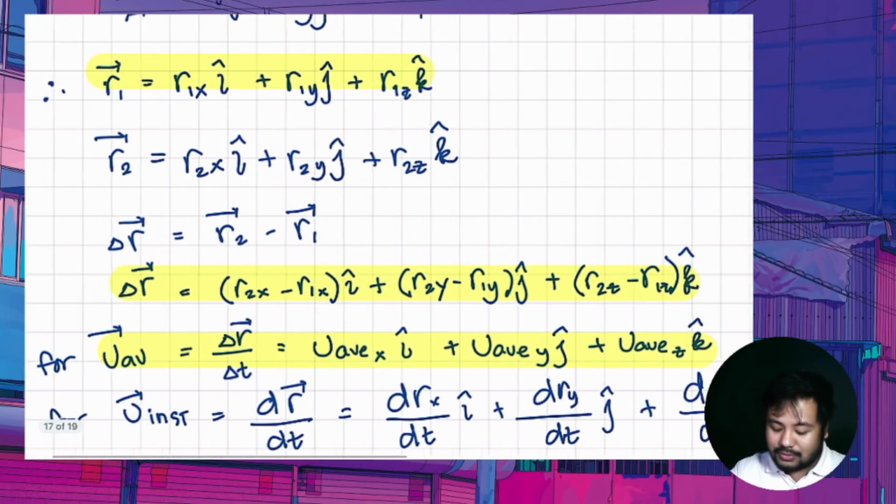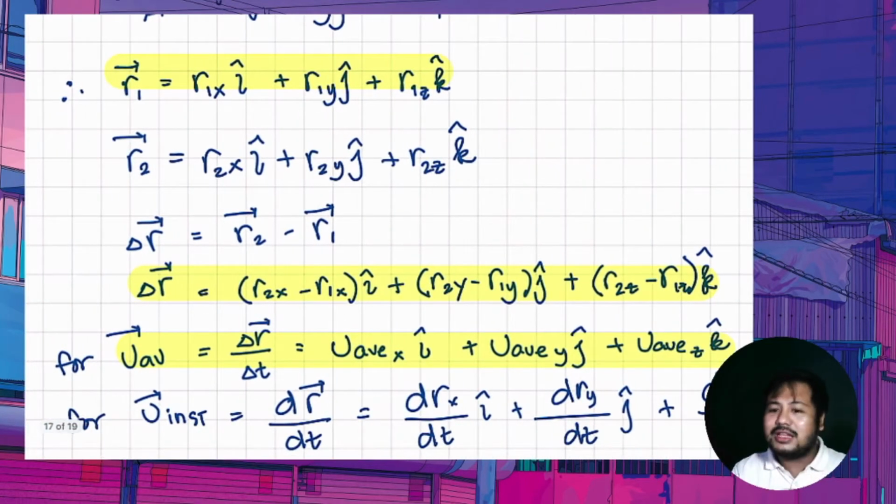So we have this understanding now that we have average velocity along the x, along the y, and along the z. And now they all happen together. So take note, these are vectors. We also have the instantaneous velocity, that is just the derivative of position with respect to time, or your dr dt.